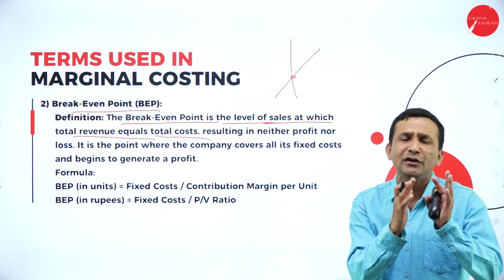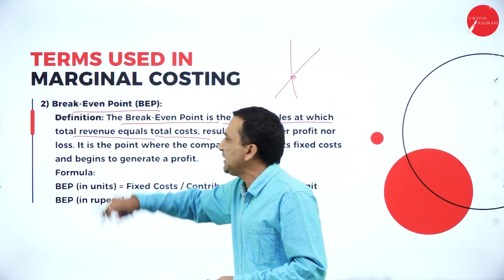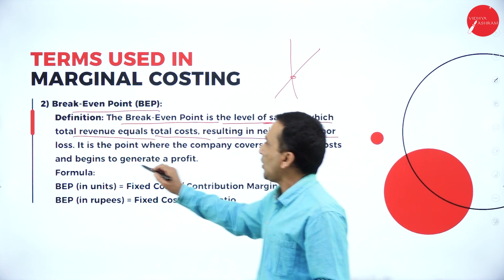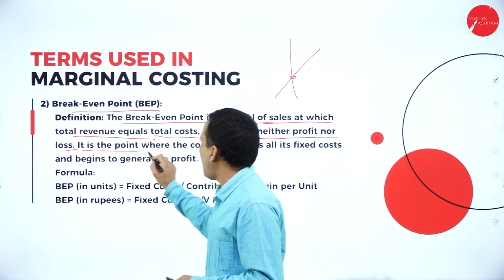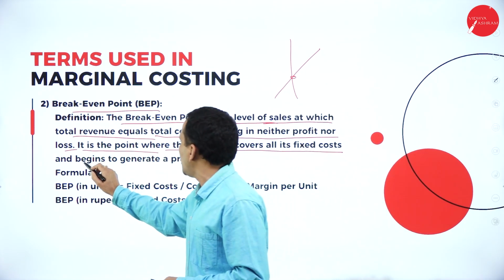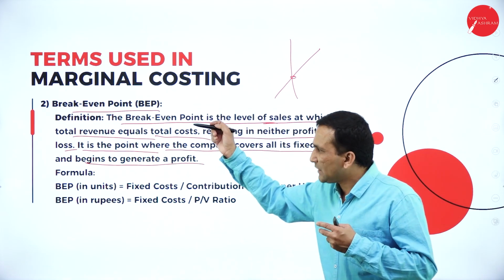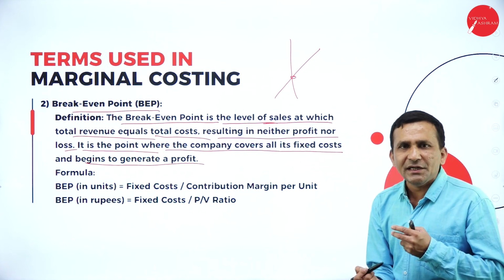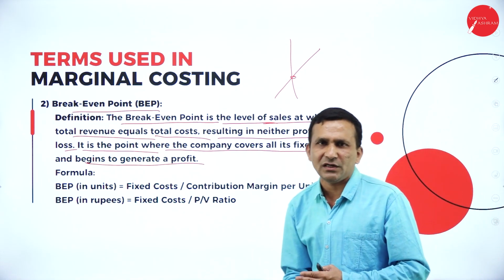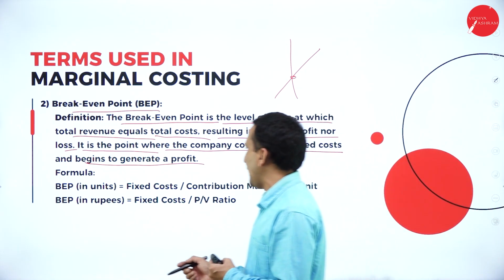There is no profit and no loss, because revenue matches cost. It is the point where the company covers all the fixed costs and begins to generate profit. Once you identify there is no profit and no loss, you can go on to take the next action plan.